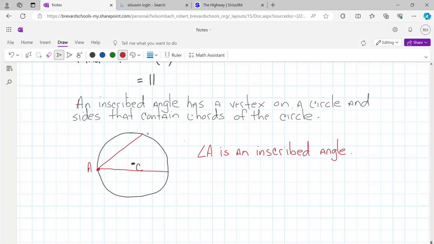Any angle that you draw inside of a circle where you put the vertex of the angle on the circle, and then you create this inscribed angle with two chords.